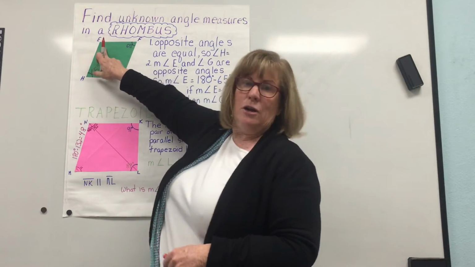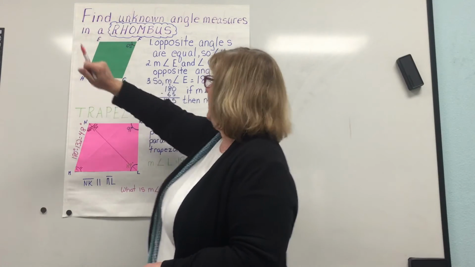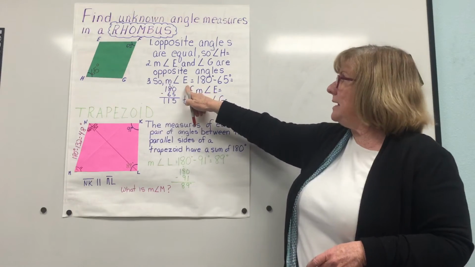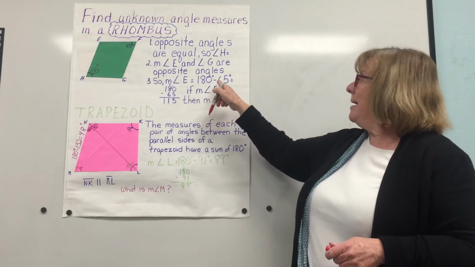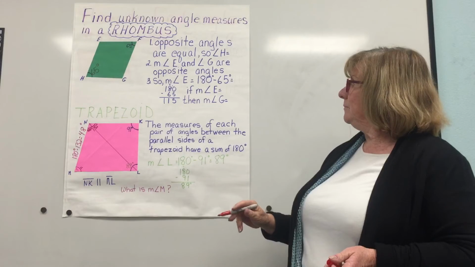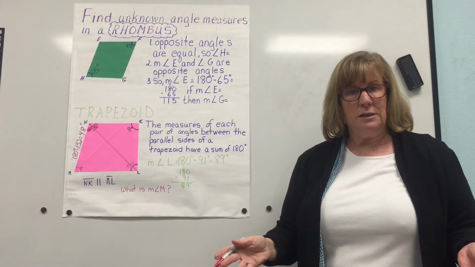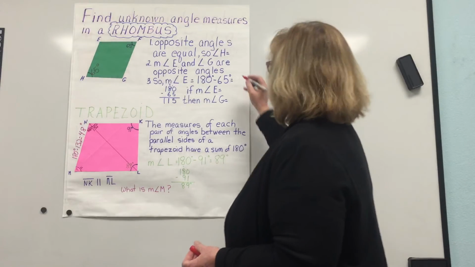So let's try to figure out the measurement for angle E, okay? So the measurement for angle E is going to be 180 degrees minus 65 degrees. So 180 minus 65 equals 115 degrees.